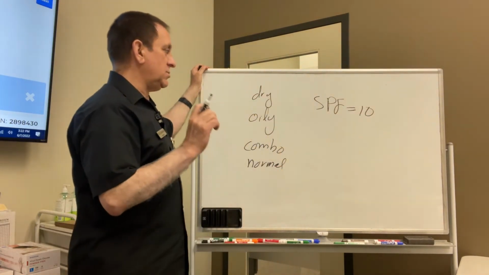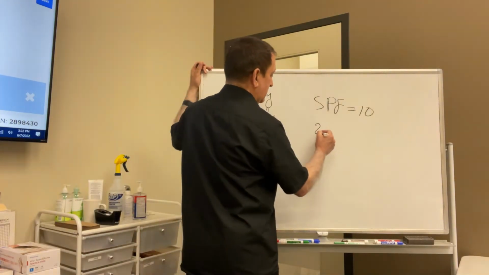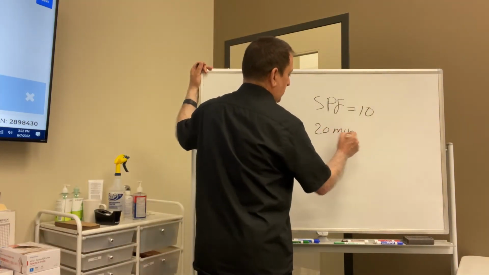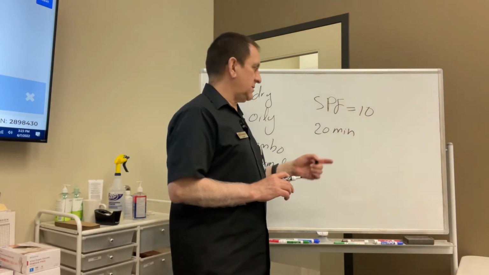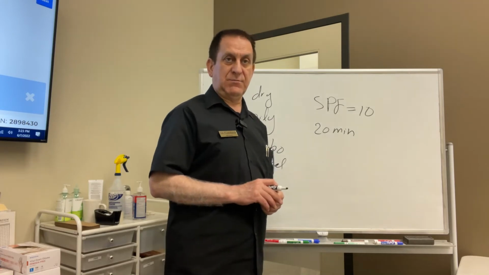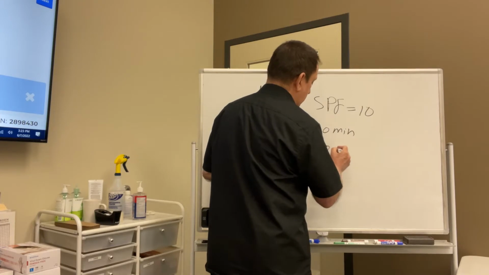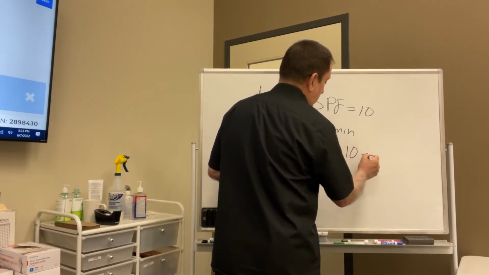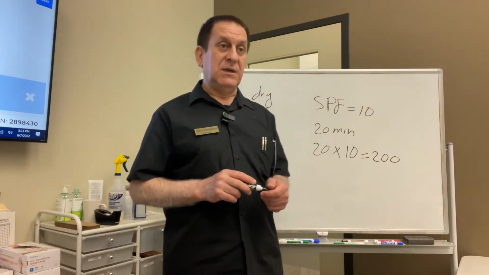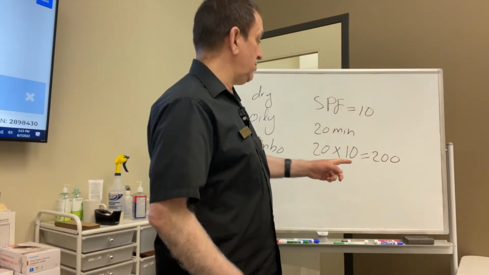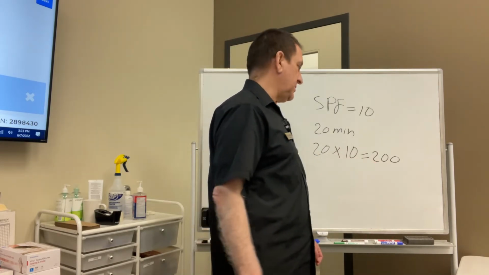If I go to the sun and my skin burns in 20 minutes, and then I use a sunscreen with SPF 10, it means 20 minutes multiplied by SPF 10 would be 200 minutes. Now my skin has protection for about 2 or 3 hours.